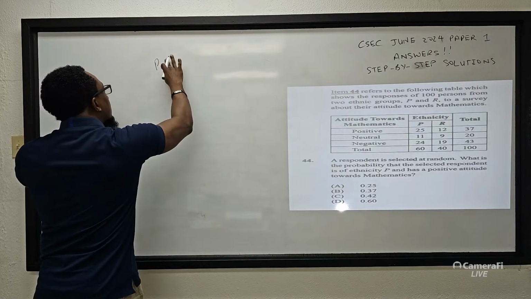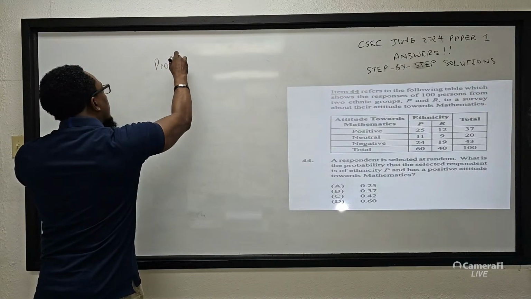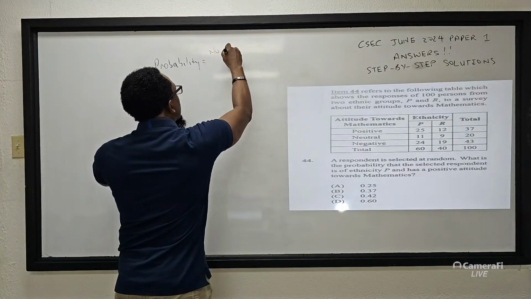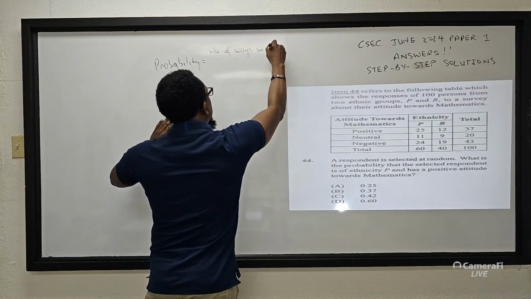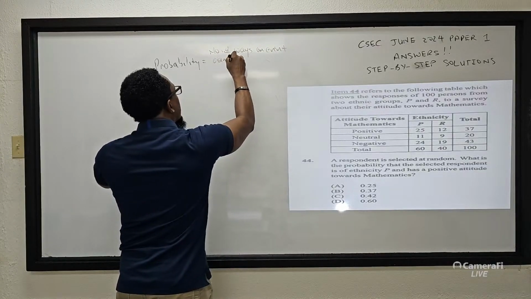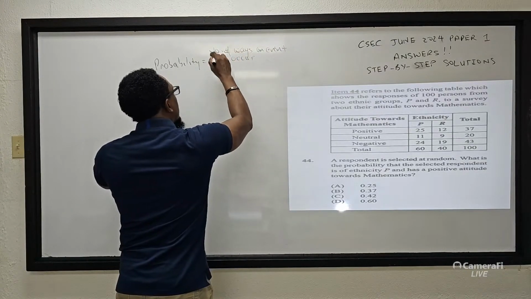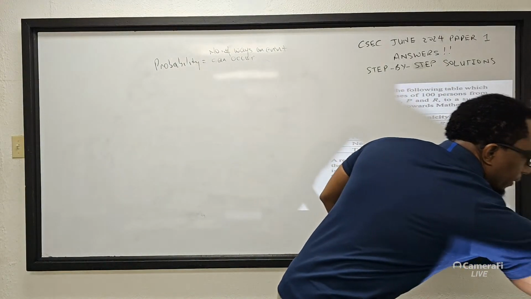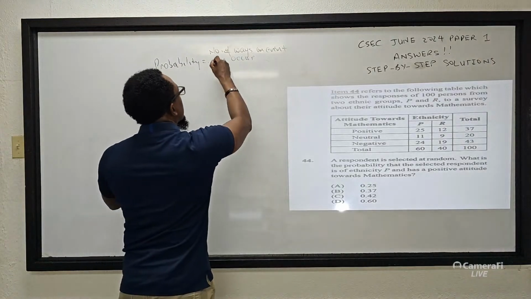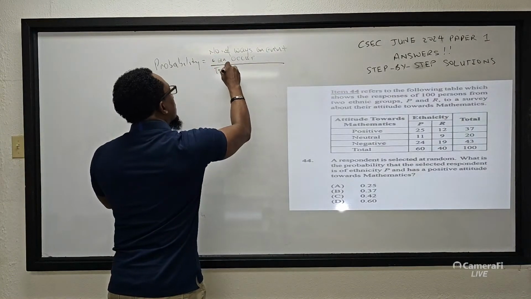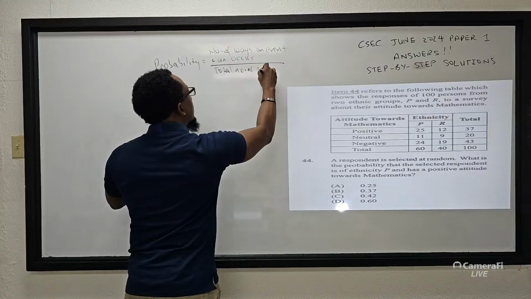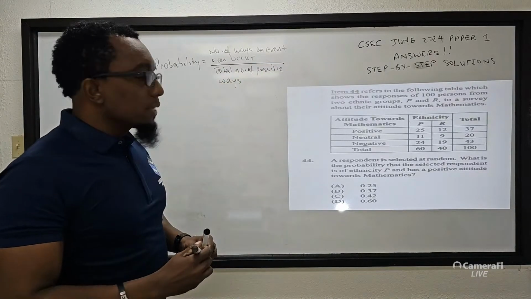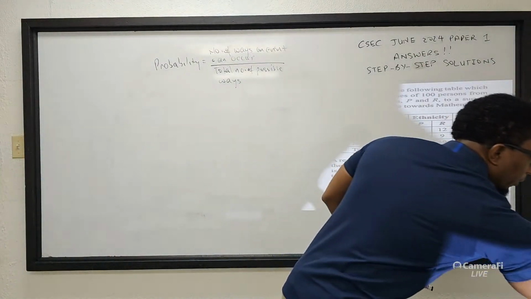Probability is equal to the number of ways an event can occur, all over the total number of possible ways. Good? So that's how we find probability, using that very important formula.